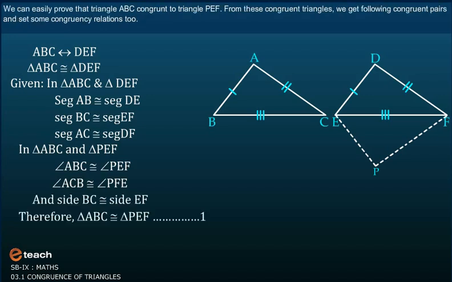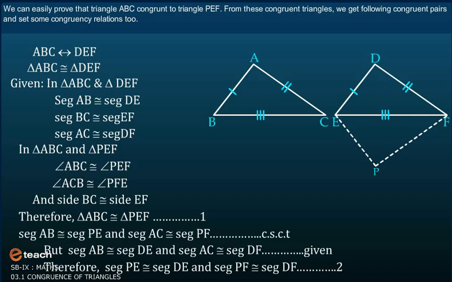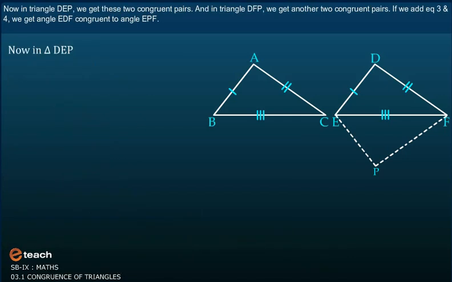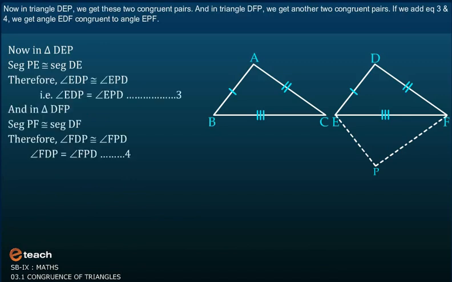We can easily prove that triangle ABC is congruent to triangle PEF. From these congruent triangles, we get the following congruent pairs and set some congruence relations too. Now in triangle DEP, we get these two congruent pairs. And in triangle DFP, we get another two congruent pairs.